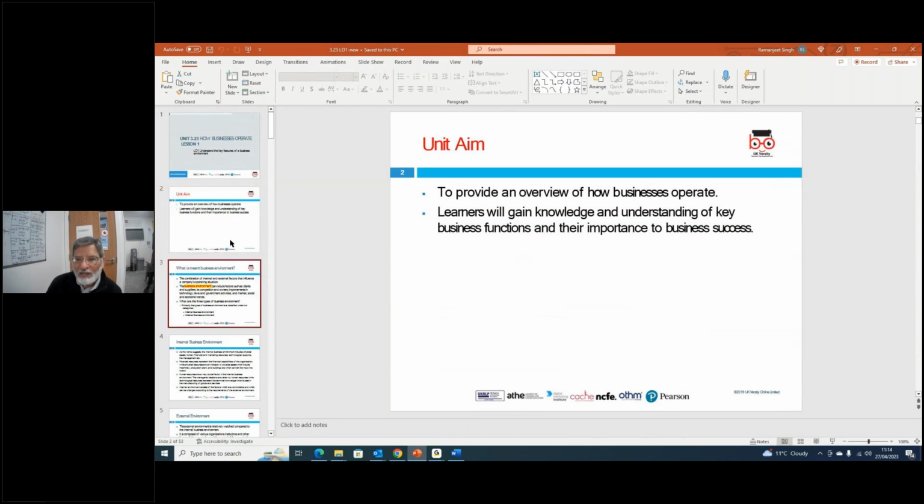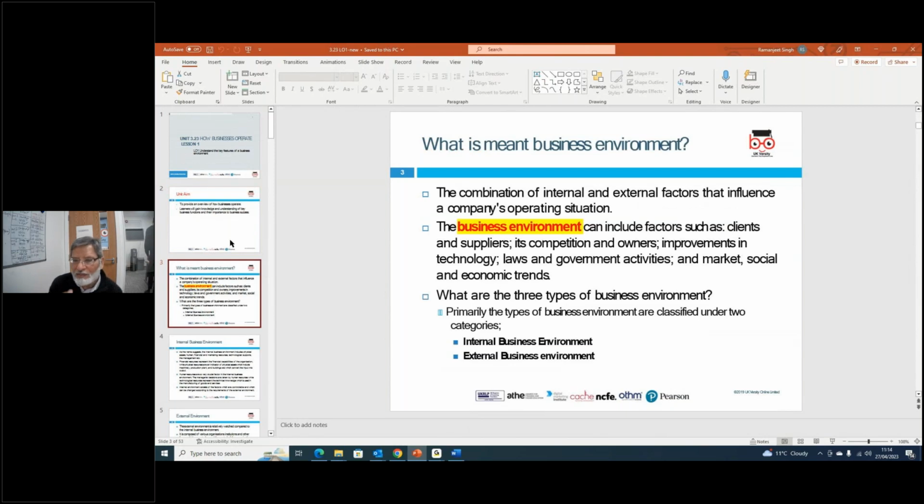Okay. So first of all, looking at the business environment, what do you think the business environment is? The business environment is where there are a lot of businesses operating inside and outside the business. The business environment consists of a general environment that contains businesses, and the environment is the internal environment and the external environment.